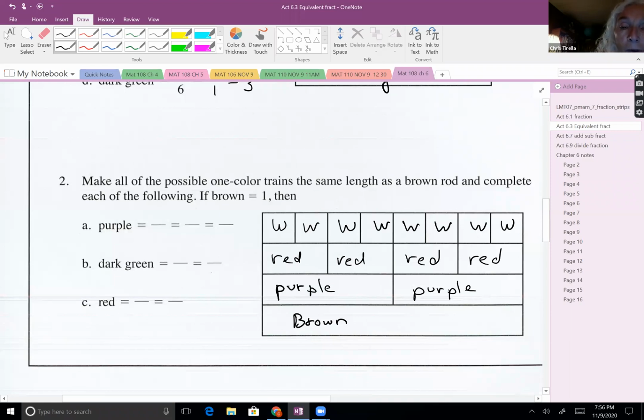And so if the brown is 1, the purple would be equivalent to 1 of 2 equal parts. Wouldn't it also be equivalent to 2 out of 4? And wouldn't it also be equivalent to 4 out of 8?